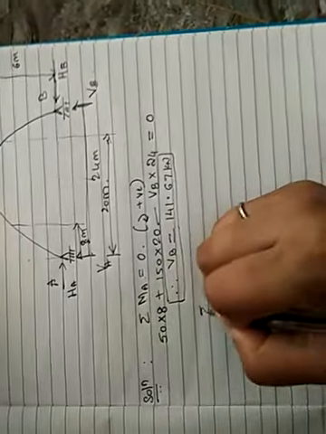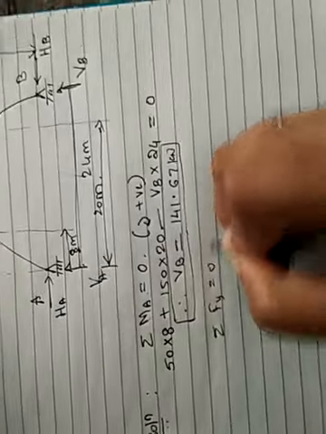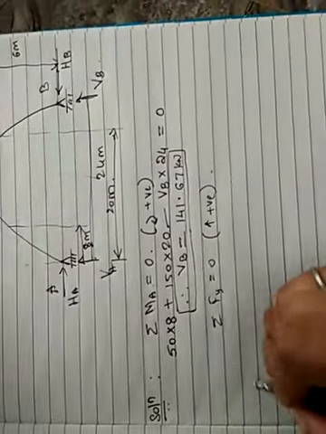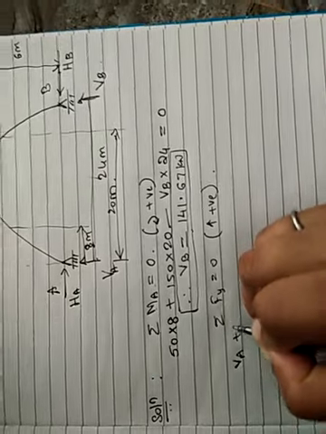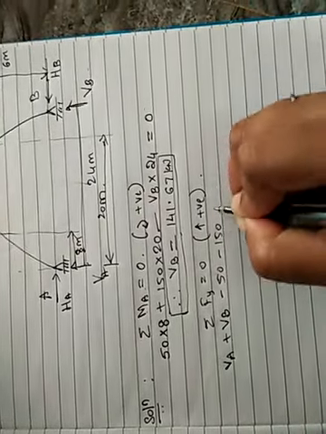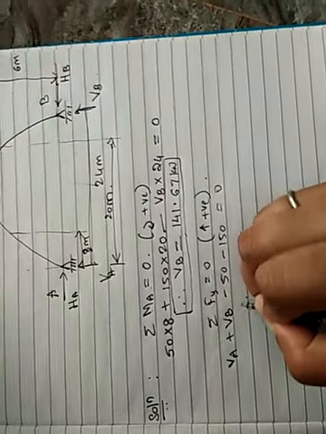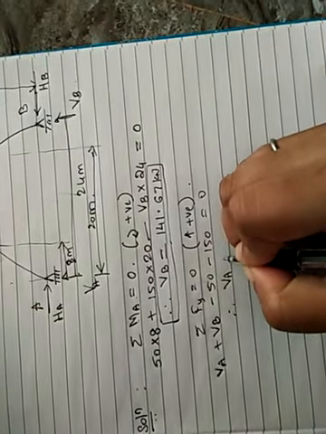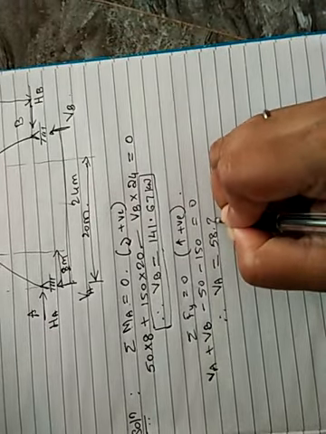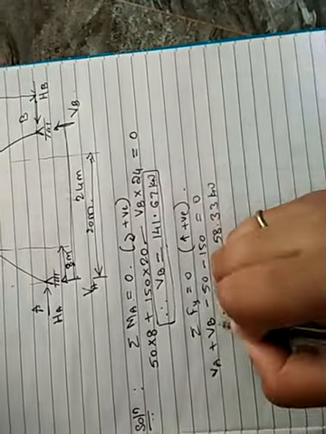And we know that sigma Fy is equal to 0. Let us take upward forces as positive. It means that VA plus VB minus 50 minus 150 is equal to 0. So from this we get VA, which is equal to 58.33 kilonewton.